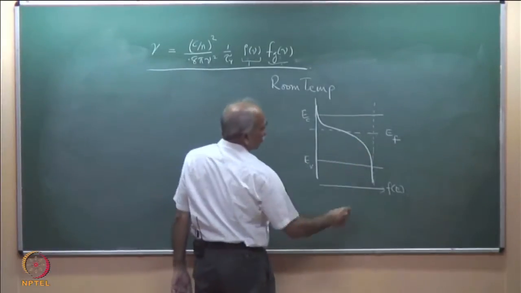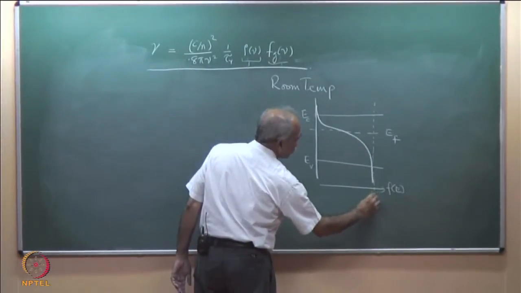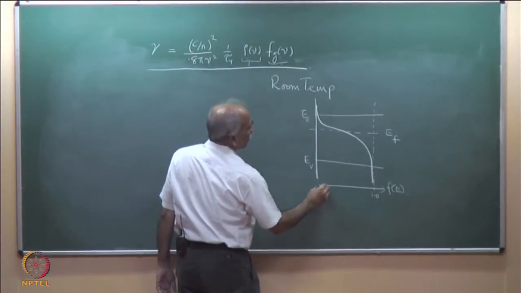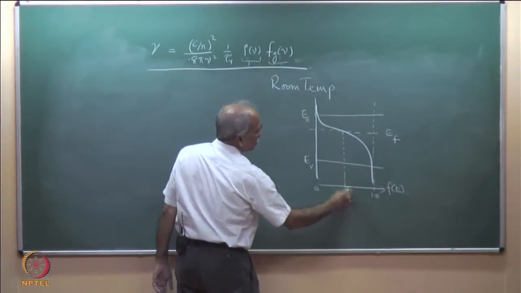So this is EF and this is f of E, which is 1.0 here and 0 here, and how do we determine the Fermi energy? Here it is 0.5.